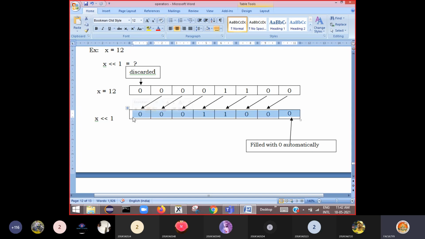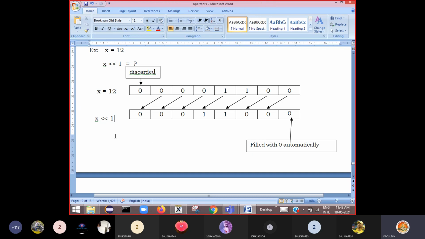So then what is the new or resultant number you are getting in the memory? If you observe this, this is 2 power 0, 2 power 1, 2 power 2, this is 2 power 3, this is 2 power 4. So 2 power 4 is 16 and 2 power 3 is 8. 16 plus 8 is 24.